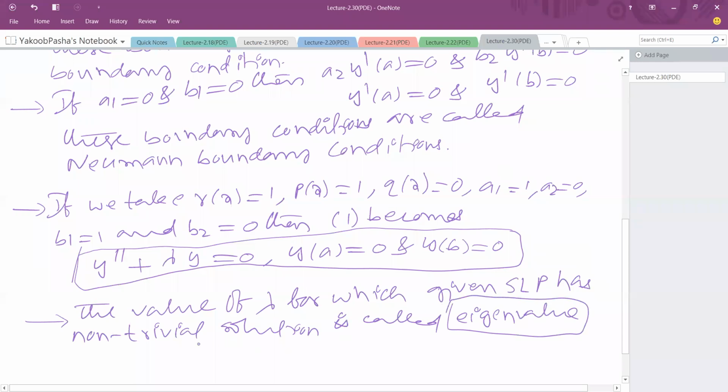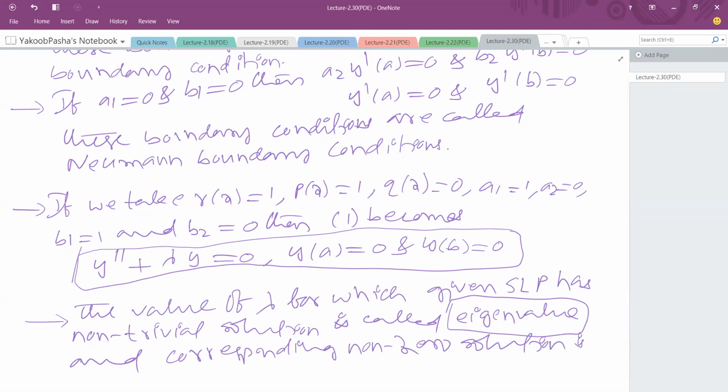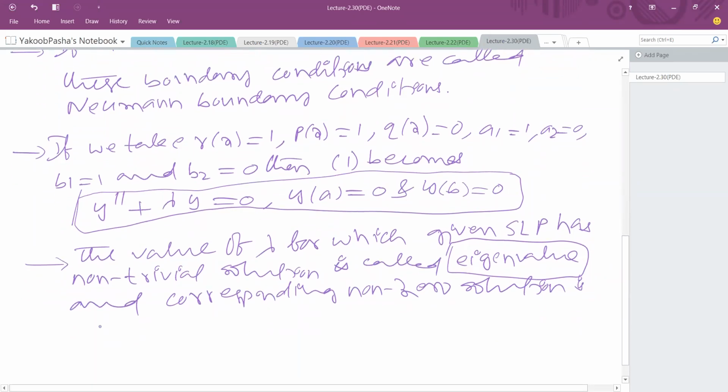and the corresponding non-zero solution is called an eigenfunction of the SLP. We have to find the non-trivial solution.